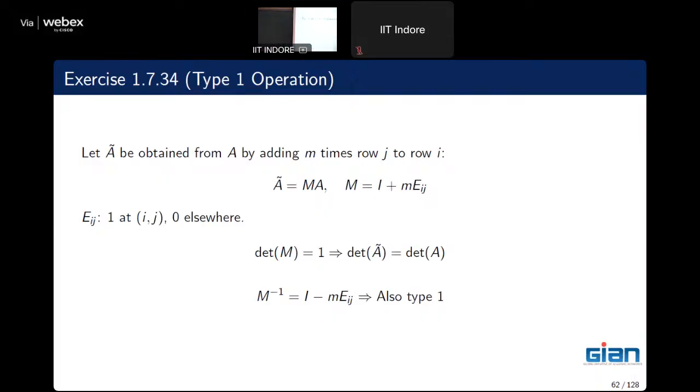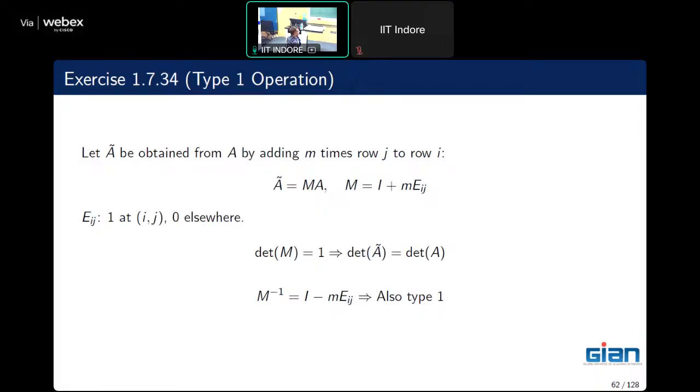Likewise, this is I plus m_ij e_ij, where I is the identity matrix of the same size n by n, m_ij is the multiplier, and e_ij has 1 in the ij place and the rest of the entries of the matrix are 0, and you will get the elementary matrix.